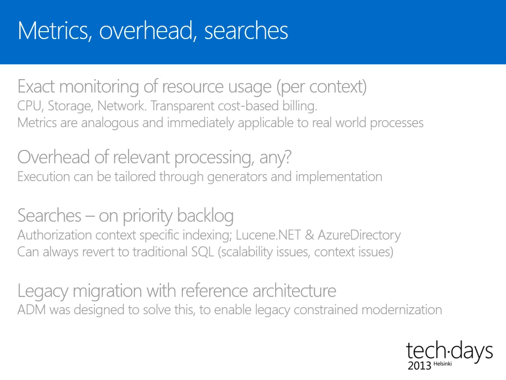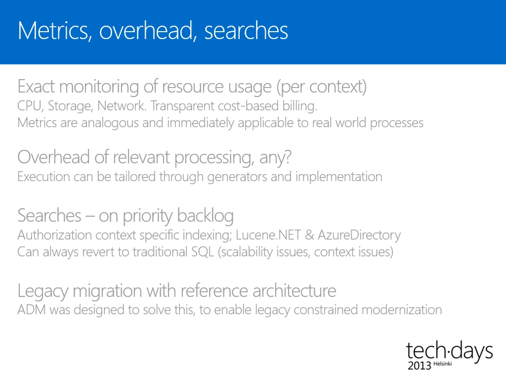We have on a priority backlog to port in the Lucene.net and Azure directory, which would allow us to use Lucene indexing on these blob storages. And that would free us from scalability and context issues. We can deal with those with SQL as well, but we have to introduce more databases on the fly, and it gets a bit more complicated than we need when we can completely control the indexing.